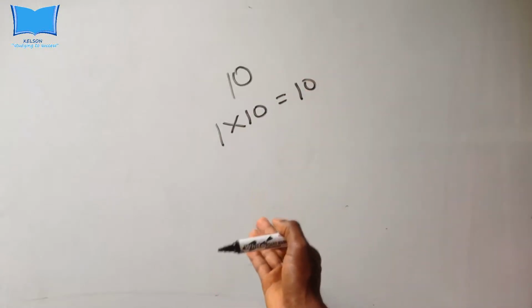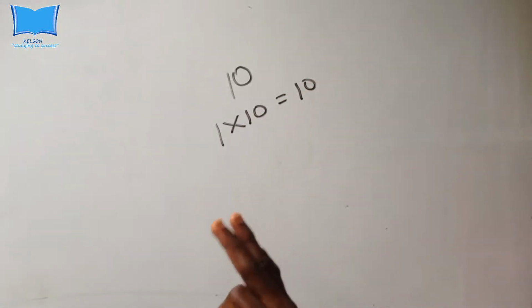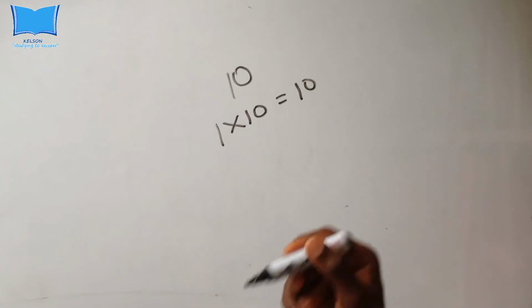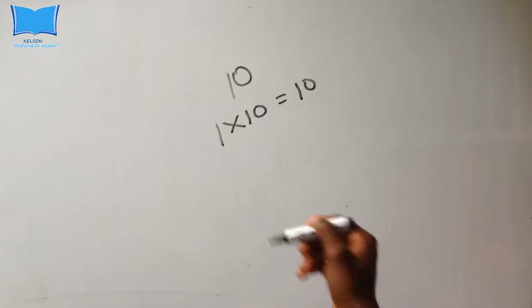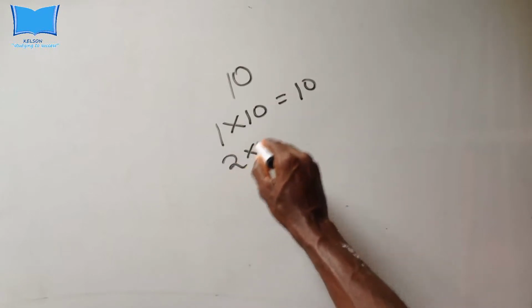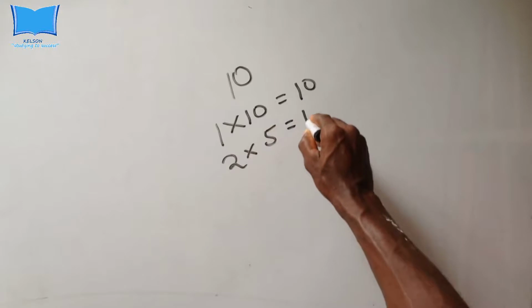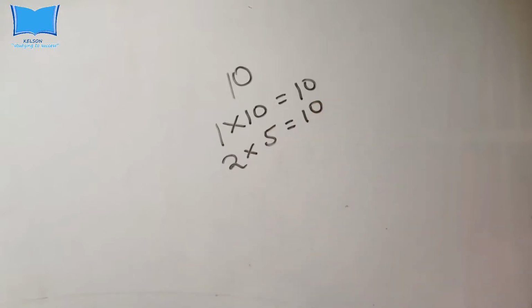And yes, so 1 is a factor of 10. What else can we multiply with another number to get 10? 2. Yes, I think 2 times 5 gives us 10. So 2 is another factor of 10.